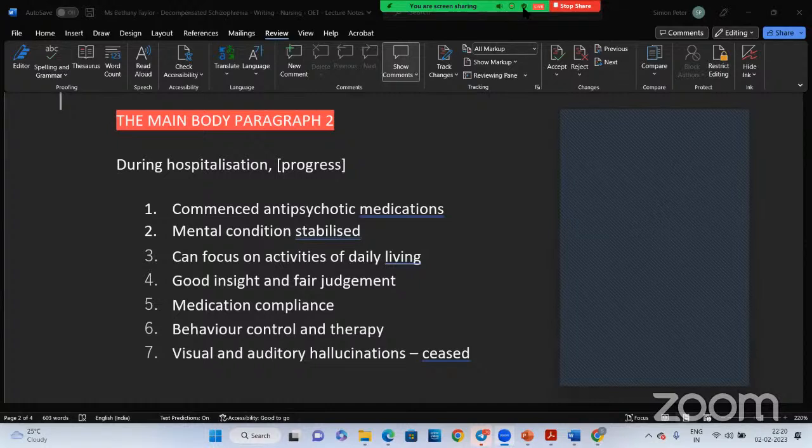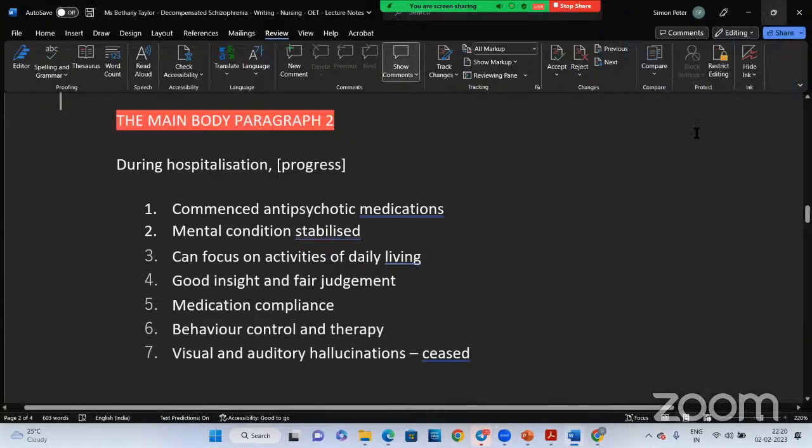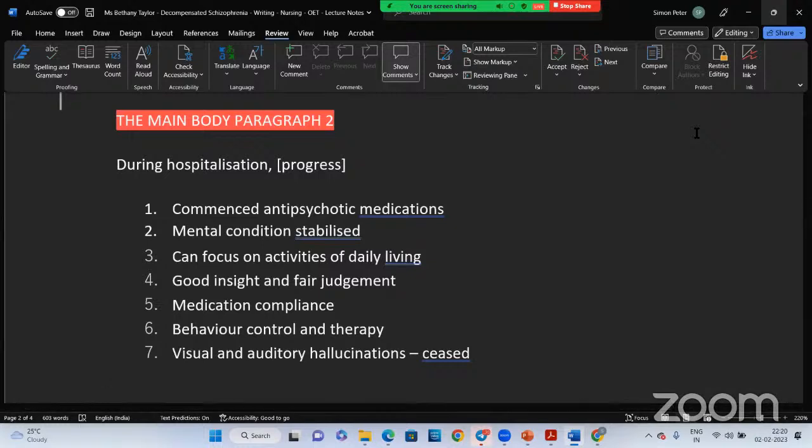Good. Others also can submit. Very good, excellent. You're trying to do it, you can compare now when I tell you.